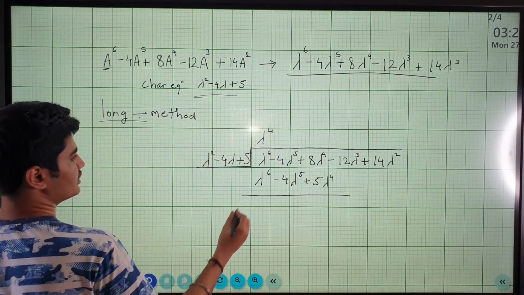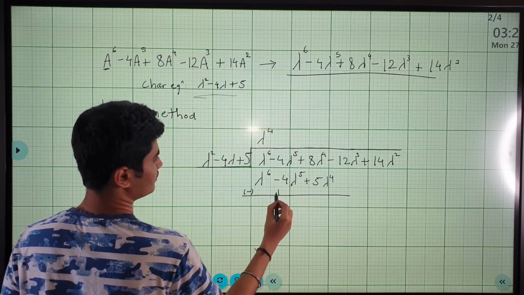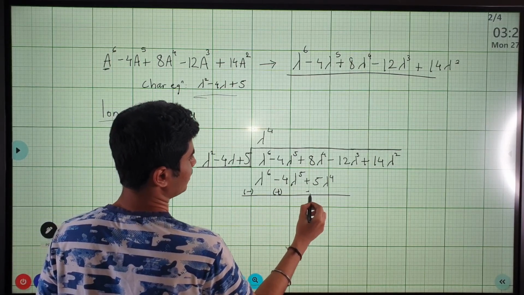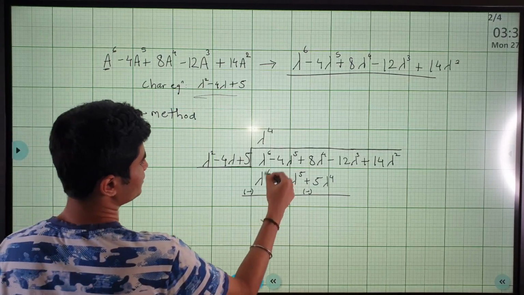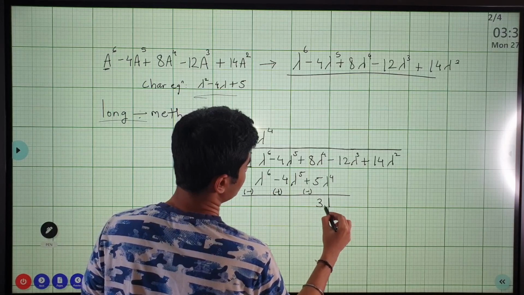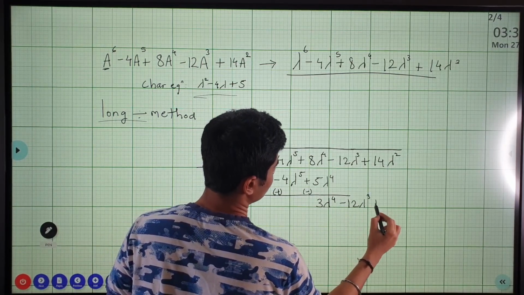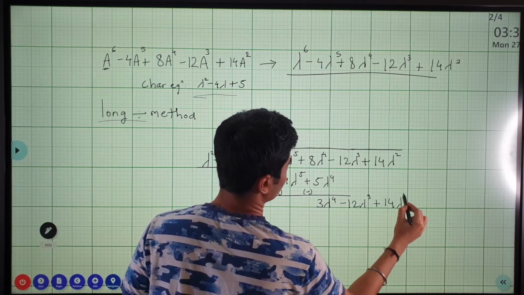Now here the signs will change. So this plus will become minus, this will become plus, and this will become minus. So this and this will get cancelled out, and we get 3λ⁴ - 12λ³ + 14λ².